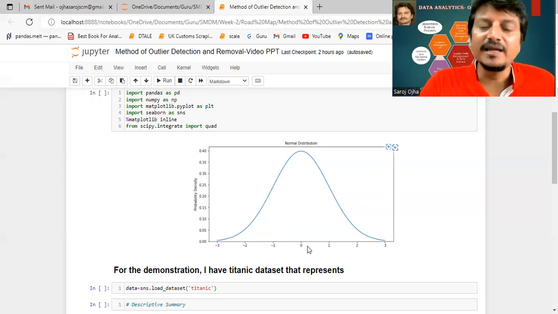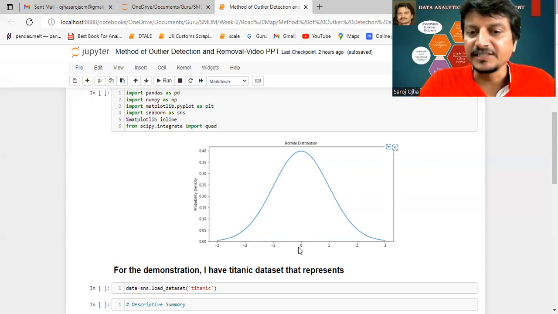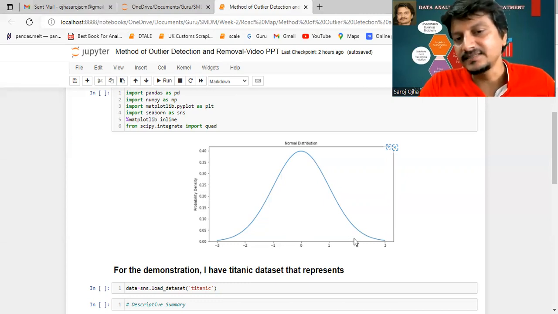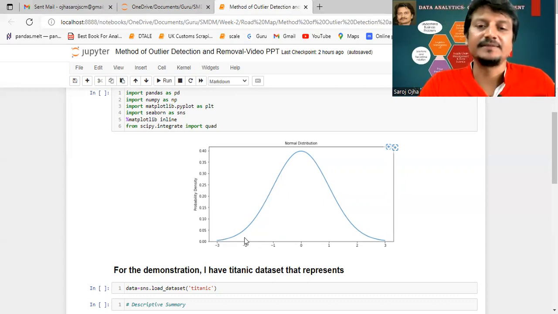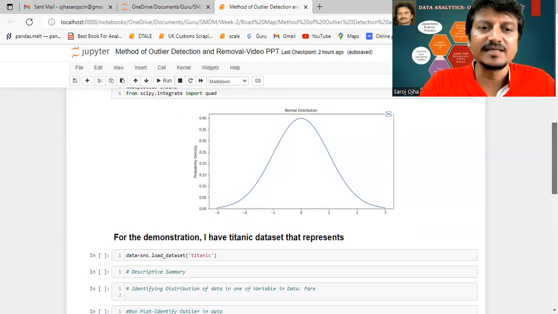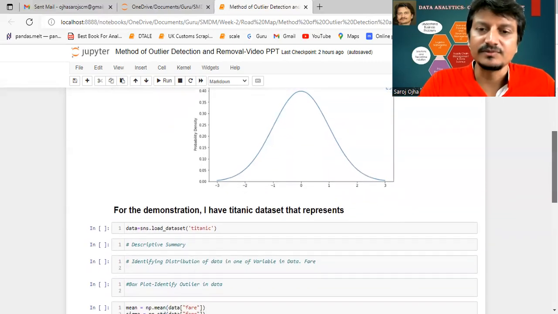Suppose my data distribution is 1 to 100, then 50 is my average. Then 50% of the data lies on the right-hand side, and 50% lies on the left-hand side. That will be within plus or minus 3 standard deviations.